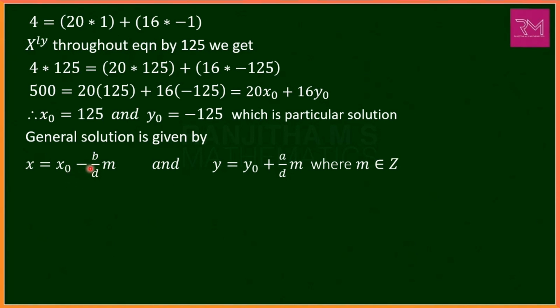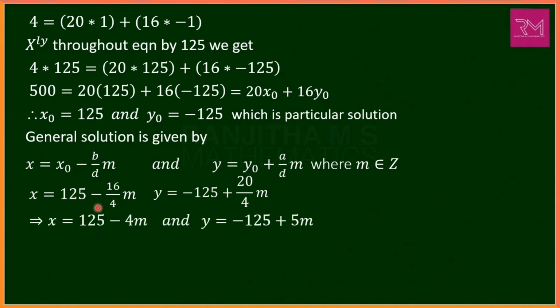Substituting x0, y0, a, b and d, we get x is equal to 125 minus 16 divided by d, which is the GCD 4, into m, and y is equal to minus 125 plus 20 divided by 4 into m. Here 4 ones are 4, 4 fives are 20, so we get x is equal to 125 minus 4m and y is equal to minus 125 plus 5m.